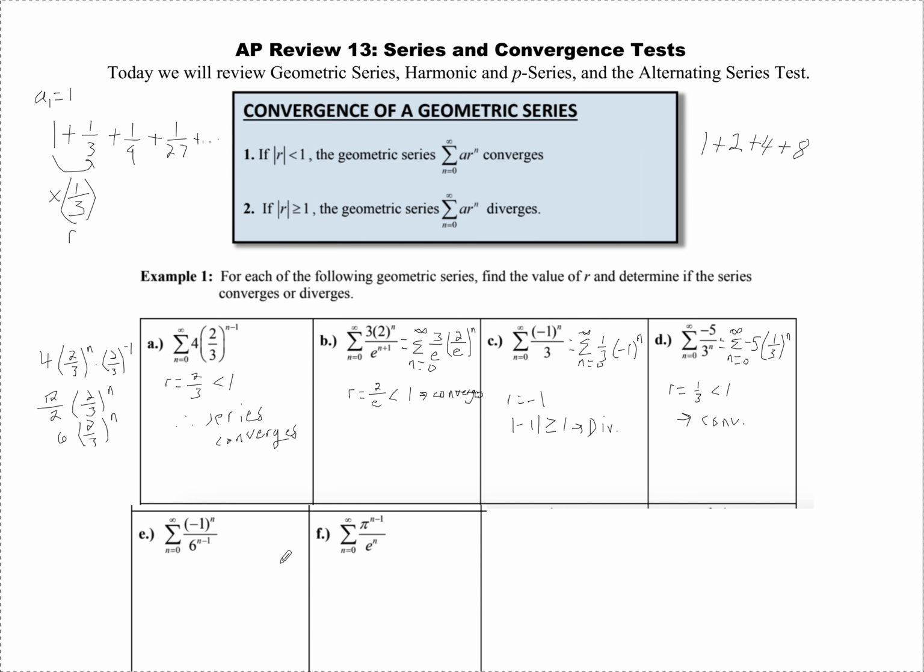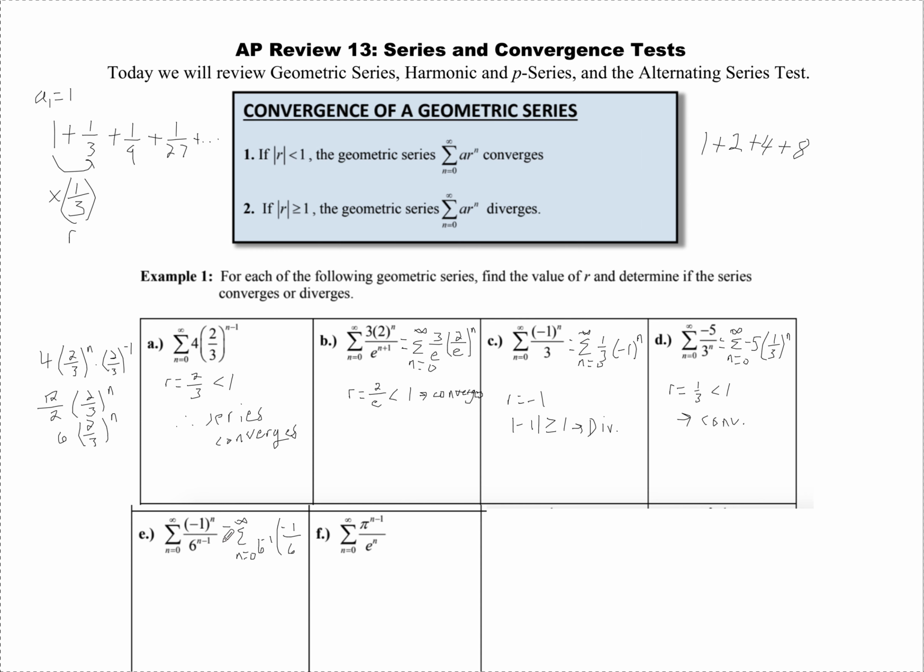All right, I'll walk through it here. Let's see, we want to try to get the same n powers here, so we can use a similar thing to what I did earlier. This would be the sum from n equals 0 to infinity. I can keep that -1 to the n, that looks fine, but that 6 to the n minus 1, I'm going to pull out that 6 to the -1 out here.